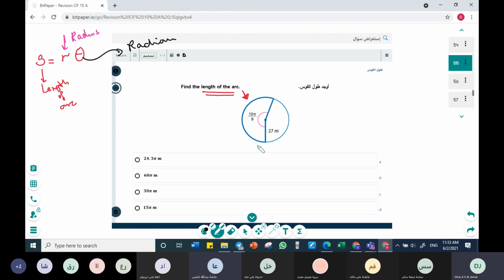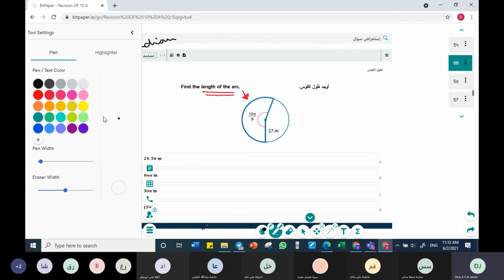Yes. Great. Now, before you start solving, I want you to have a look carefully. Which arc does he want you to find? First of all, look at the given part, which is colored in a bold color. This is the arc that he would like you to find.